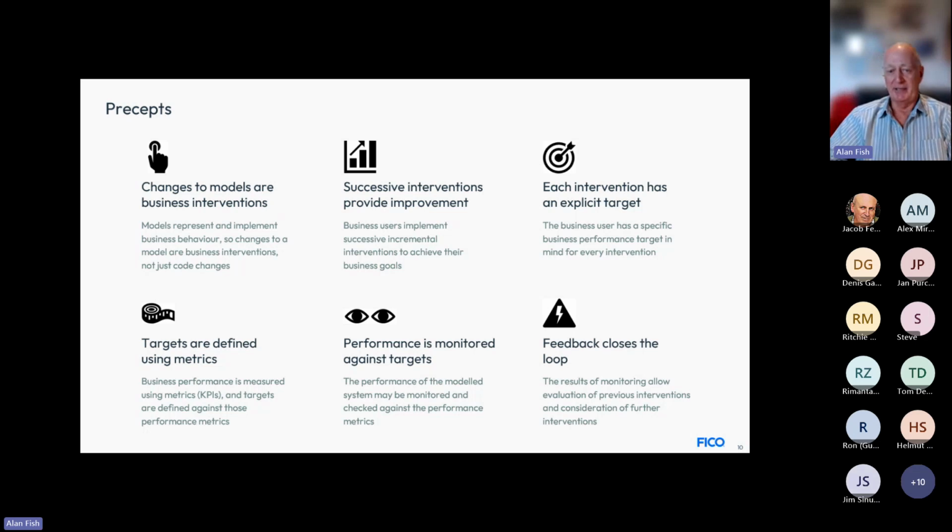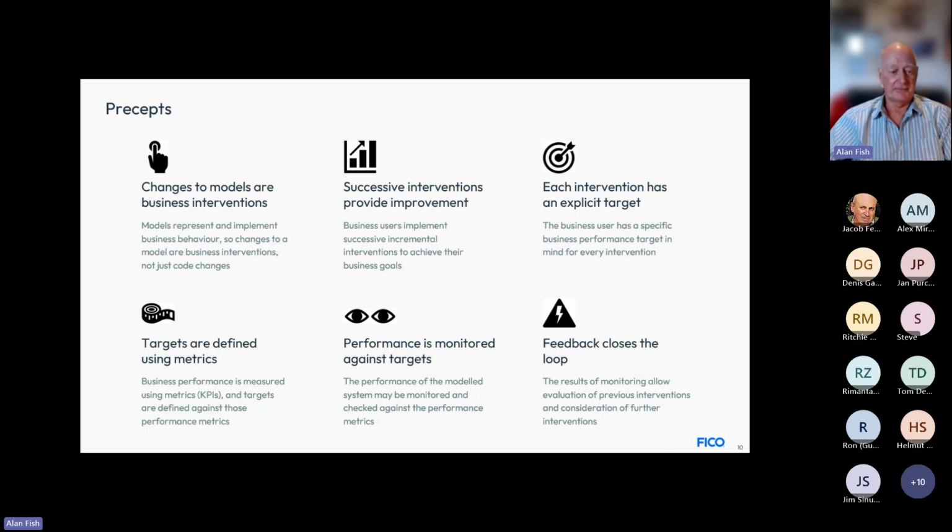Every intervention they make has an explicit target. They don't just make random changes, they make a change for a specific purpose. There's a specific reason in the user's mind for every intervention they take. And those often have numeric goals.